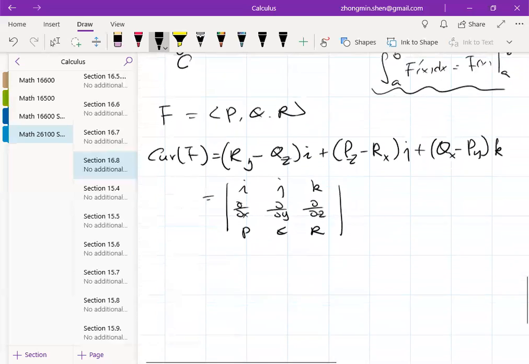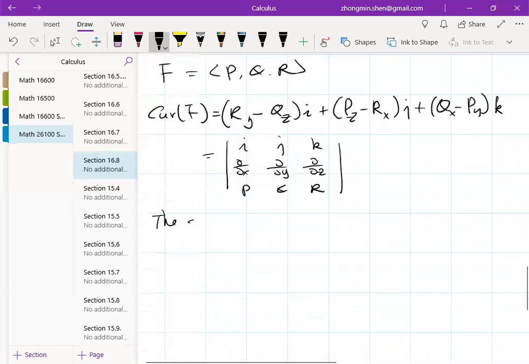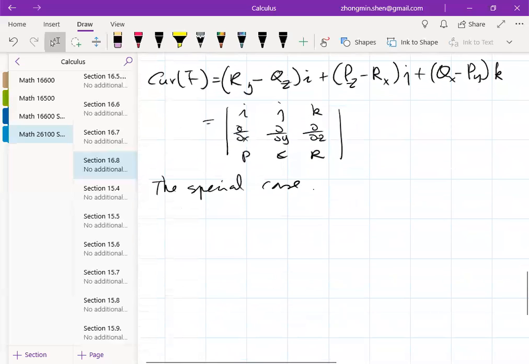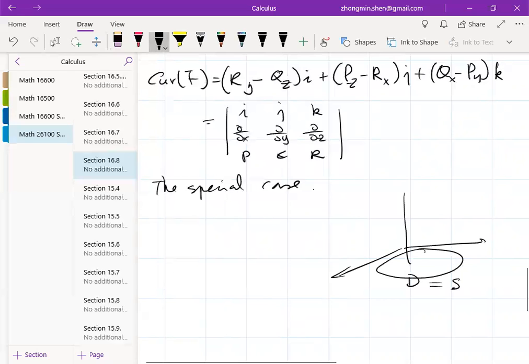Now let's look at the special case. Actually, the special case is Green's theorem. I only consider the surface which is just a domain. This domain D is itself just a surface in the XY plane.